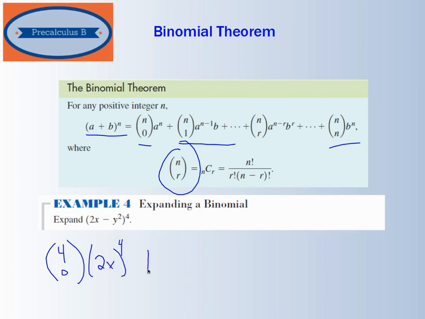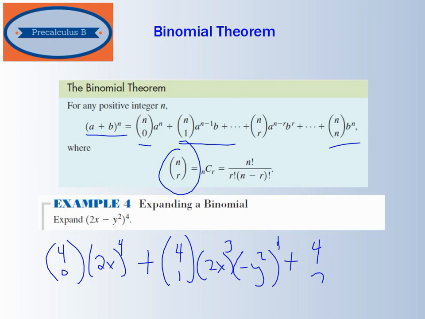Plus 4 choose 1 times a, which is 2x, to the third, times b, which is negative y squared, to the first, plus 4 choose 2 times 2x quantity squared, times negative y squared squared, and so on, all the way until we've used all of the terms.